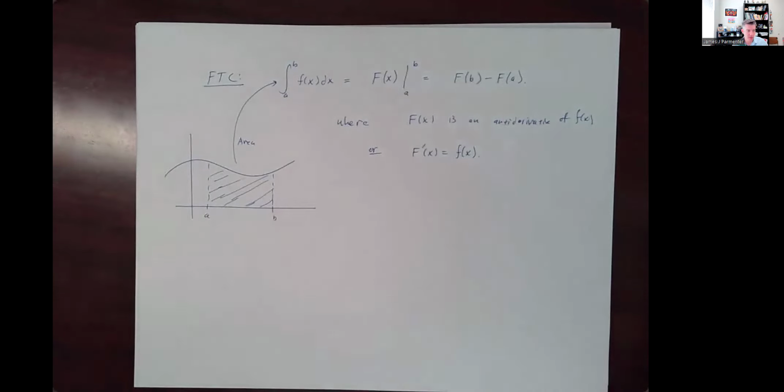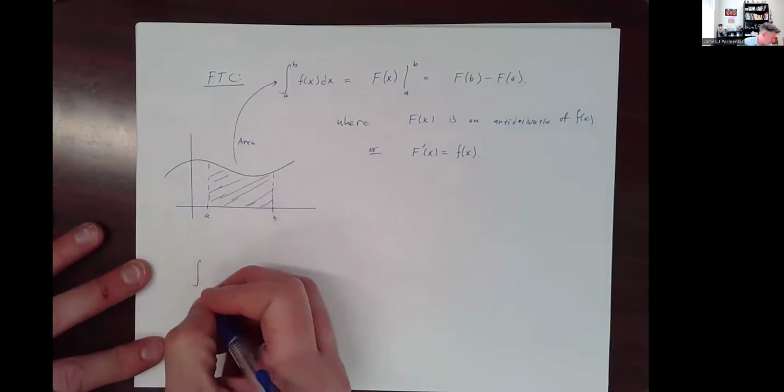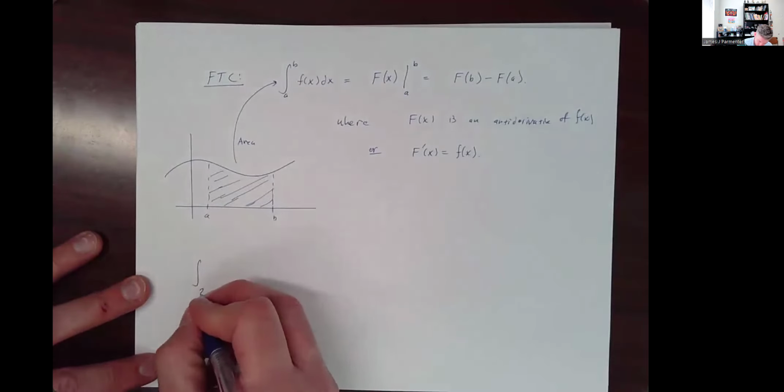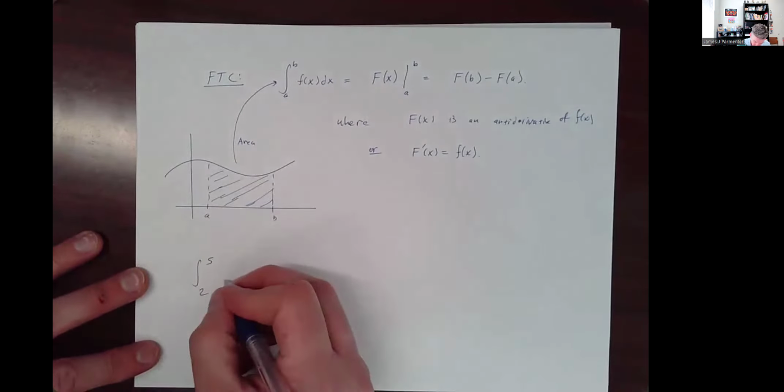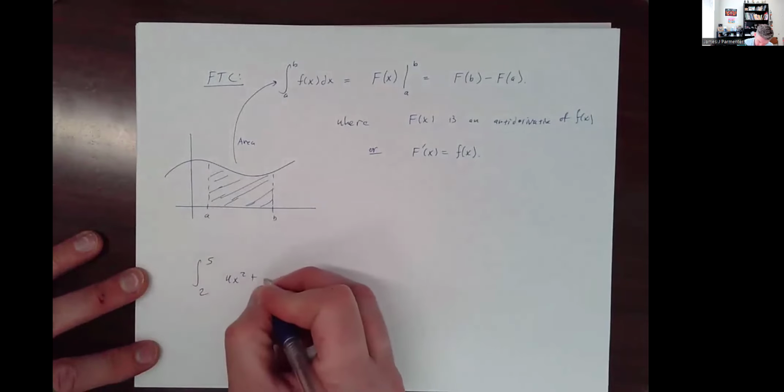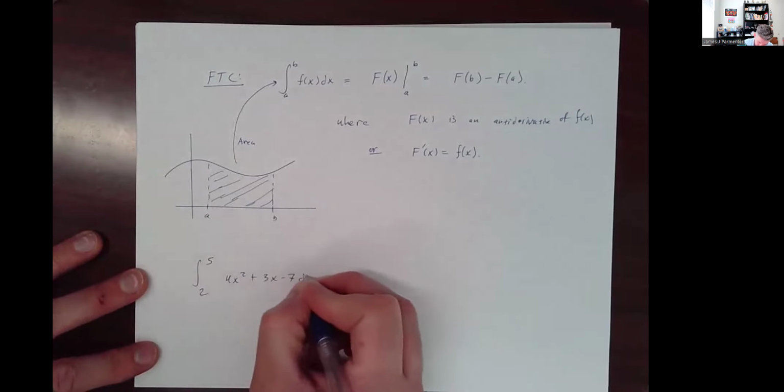So then we can do all sorts of examples. Let me grab something from the textbook here because I don't have a whole lot off the top of my head. But we can really just integrate to our heart's content. So for example, someone could say, what's the integral from 2 to 5 of 4x squared plus 3x minus 7?